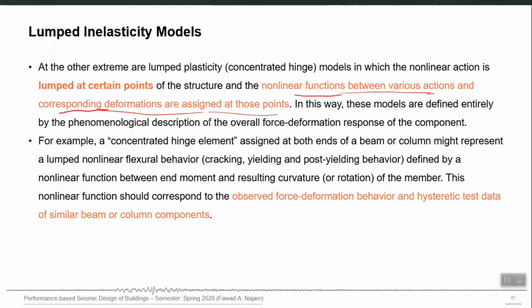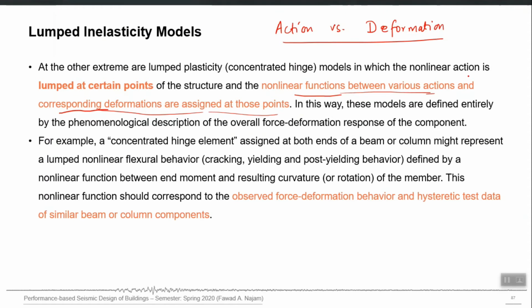This word action versus deformation will come again and again in this whole discussion. I will explain it in the next few slides, but let me just quickly highlight here that there can be several structural actions in a particular frame element.